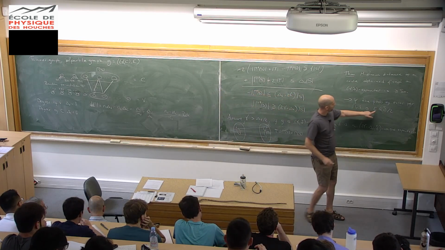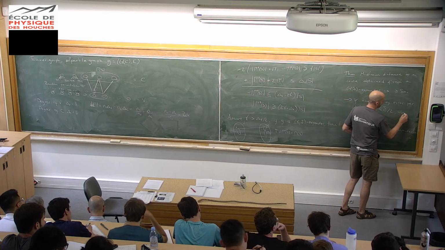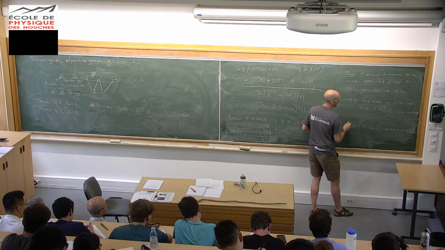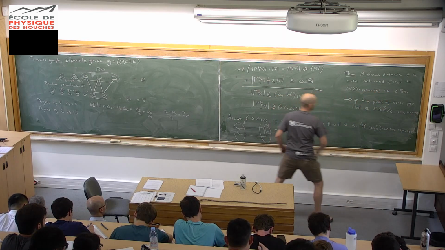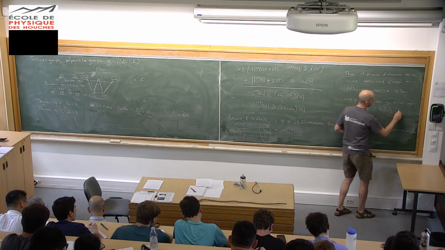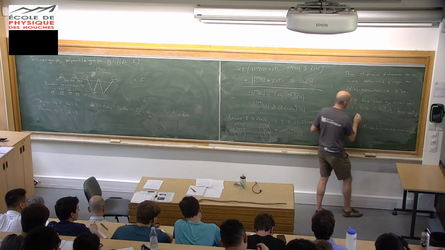So if the probability of error per bit is less than this, then you typically get less than delta n over 2 errors. I shouldn't say on average, because it would be very bad if the thing only worked on average.